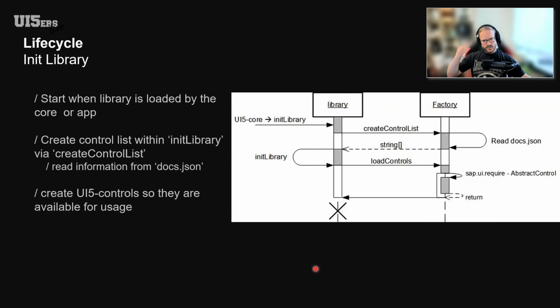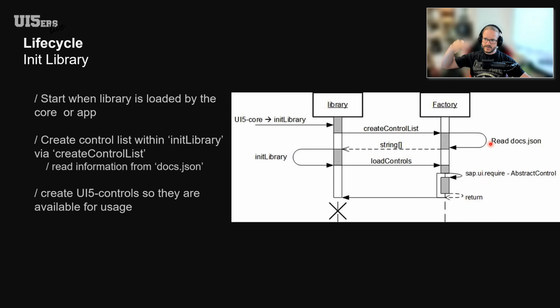So let's go into loading or initiating the library. Usually the core or the app triggers the library loading, and you have a bit of code where you provide a list of controls with just their names. This is first fetched from the factory, providing the docs JSON.